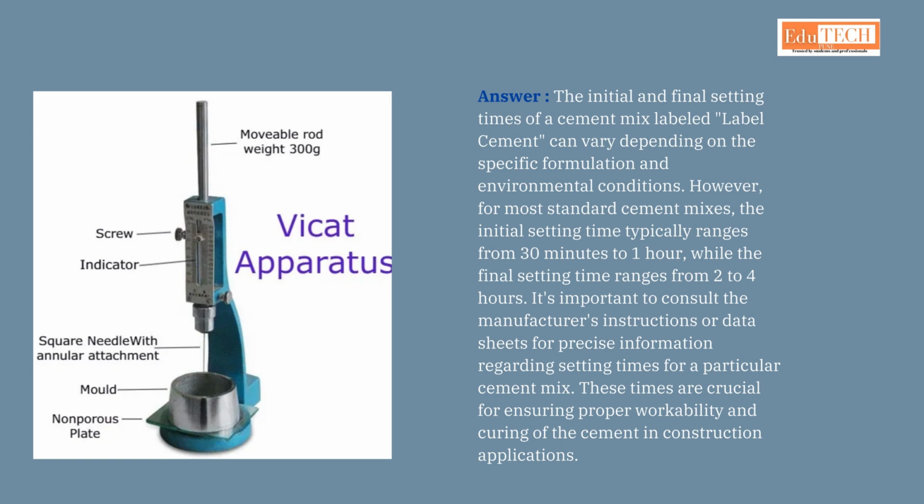It's important to consult the manufacturer's instructions or data sheets for precise information regarding setting times for a particular cement mix. These times are crucial for ensuring proper workability and curing of the cement in construction applications.